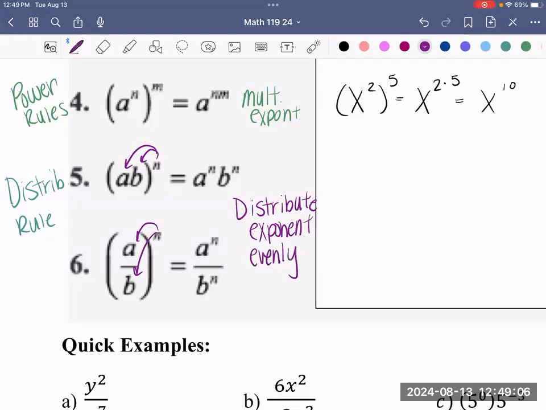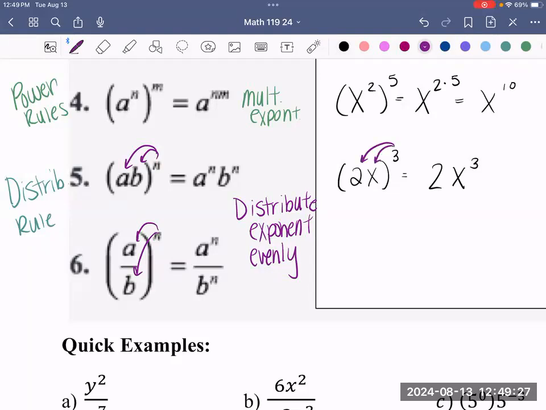Now, students who do end up having a mistake on this, let's say, for example, 2x to the 3rd. A lot of the students can recognize you will have x to the 3rd, but a lot of students just kind of leave it here and just say, oh yeah, I'm done. But make sure we are distributing throughout your parentheses.